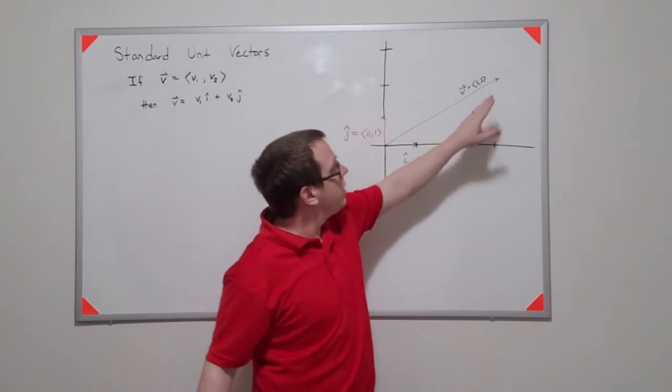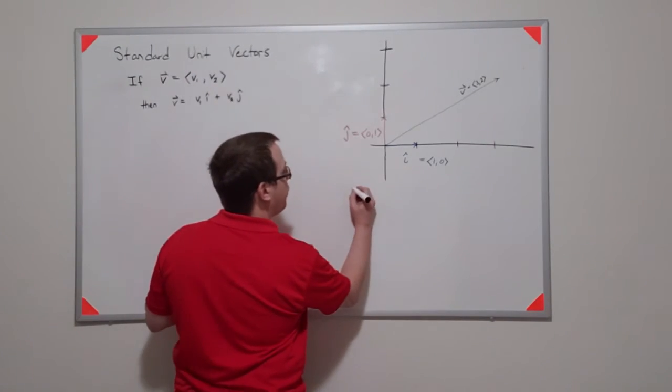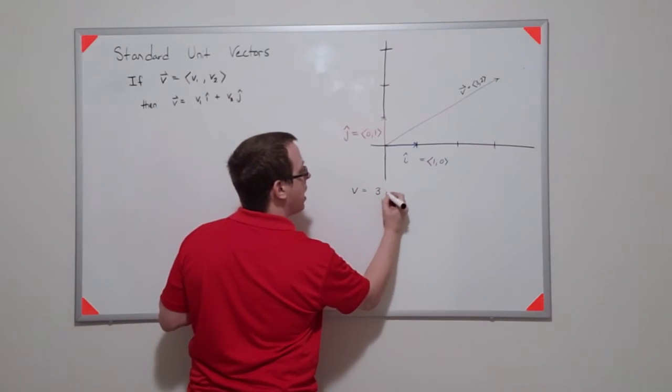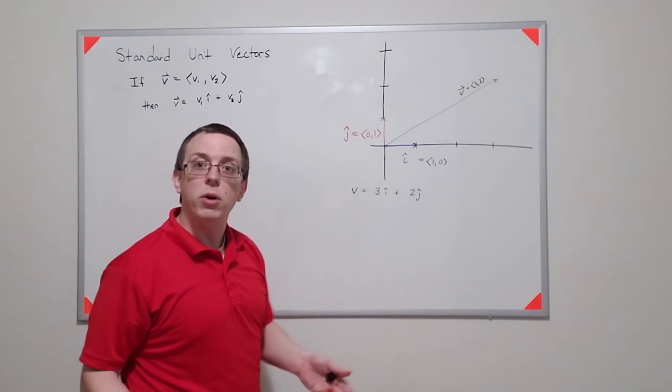So to look at v in terms of i and j, well, if I said v equals 3i plus 2j. And you may say, well, how do I know that's equivalent?